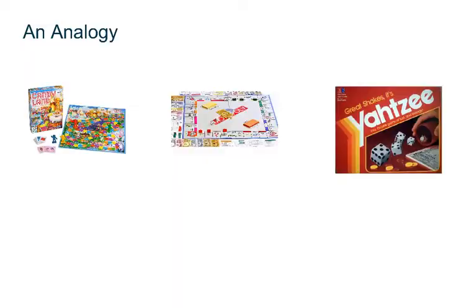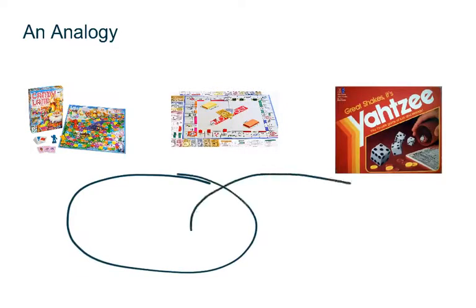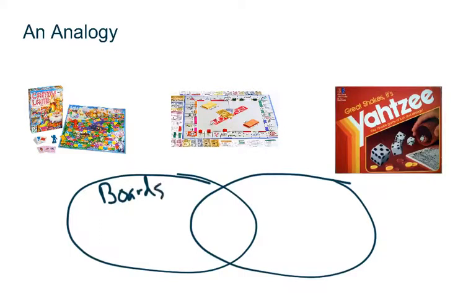Okay? Now, I have an analogy to help connect all this together. So let's use Venn diagrams. Let's say I have one Venn diagram circle on one side, and then the other side. On the left-hand side, I want games that have boards on them, like a game board. And on the other side, I have games that have dice.